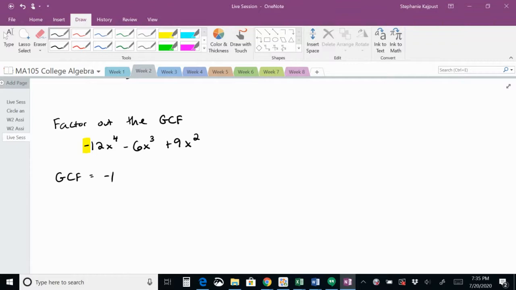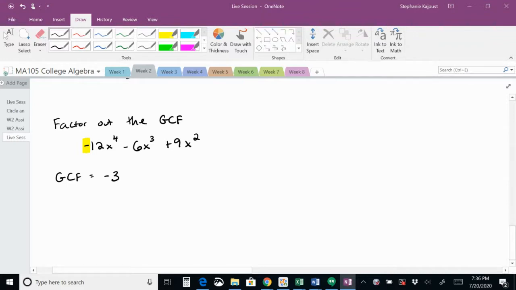I can divide 6 into 12, but 6 does not go into 9 evenly. So then I look at the next number that divides into it, and that's 3. And yes, this is only if the first term is negative. It doesn't matter if any of the others are negative. If that first one's a negative, I'm always going to take out a negative GCF. So I'm going to take out a negative 3 here because the beginning term is negative.